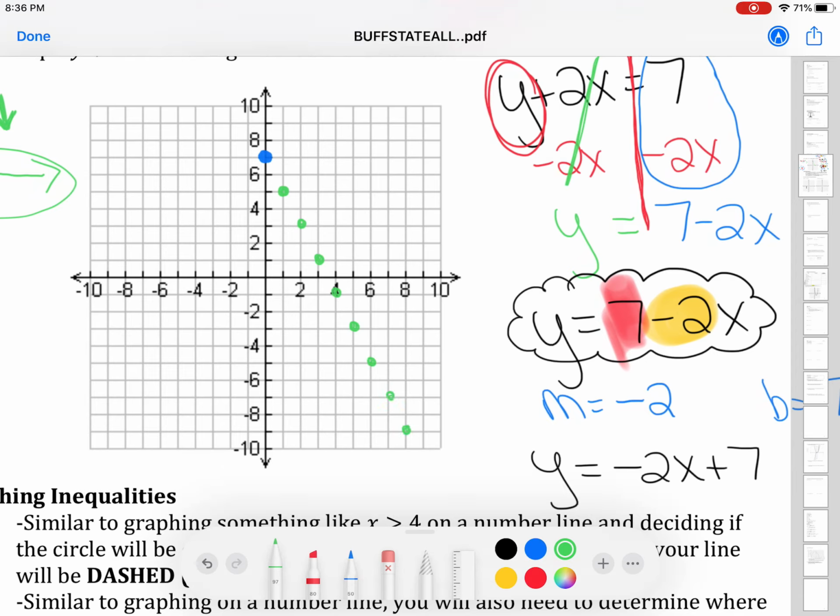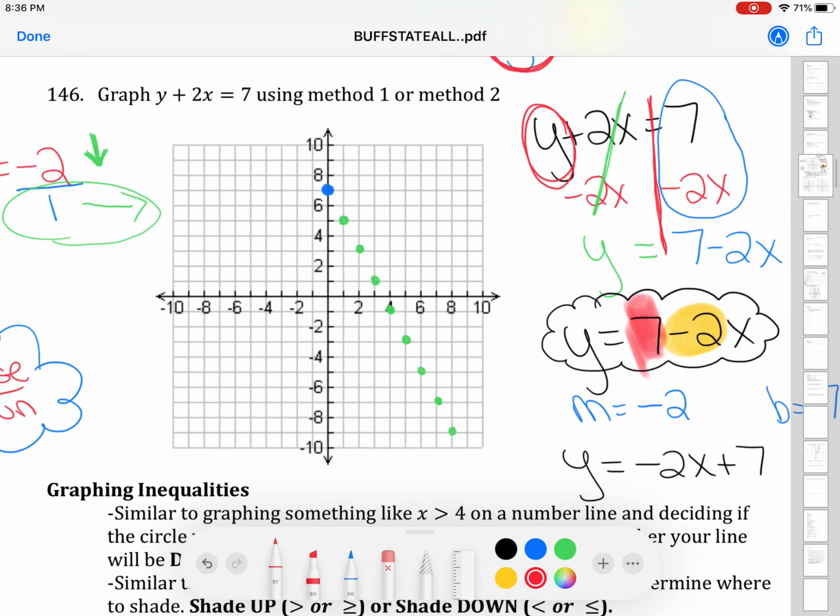Just take a second to give that a try. Down 2, right 1. Just follow that same pattern. And then remember, for next week's notes, what I told you is you want to put as many points on here that'll fit on the grid as possible. So the opposite of down 2, right 1 is up 2, left 1.